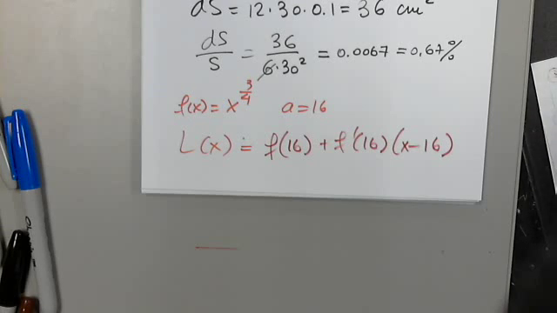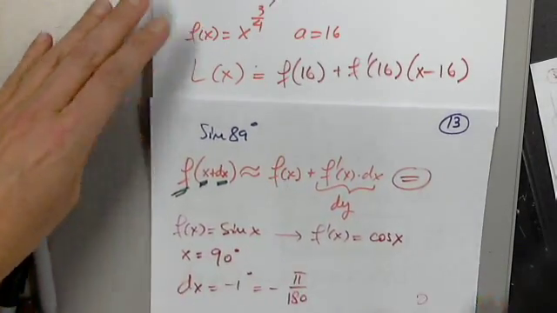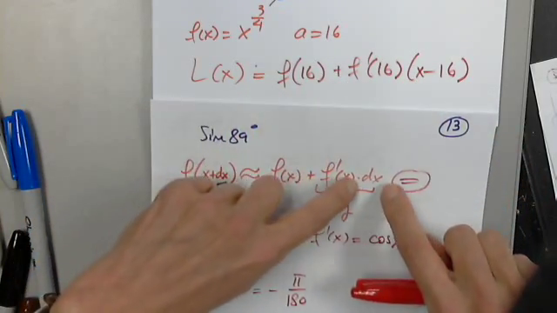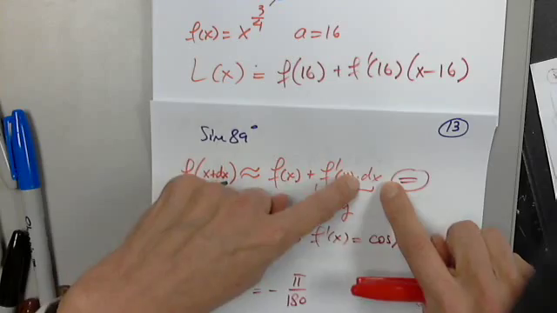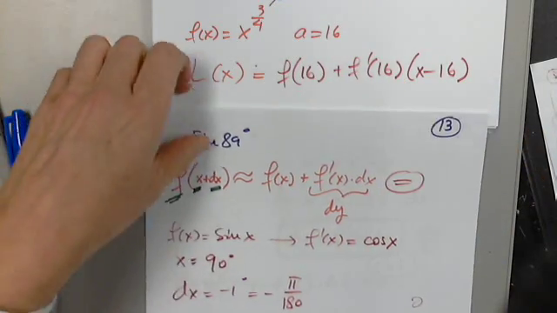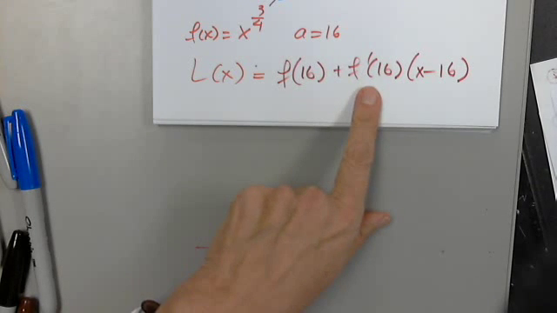So let me go back for a second to that very important result for approximations. Here it is. Same, same, and now dx is x minus 16. Okay, so I have to find f prime.